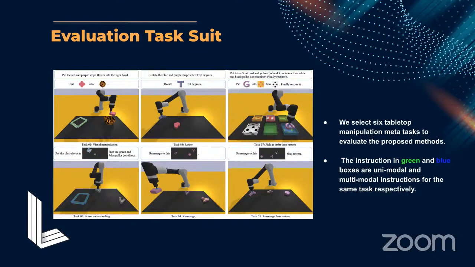For example, we can put an image into another image, and all of those images are retrieved from the cache, and the system understands what you are talking about. Or we can just use natural language and say, put the red and purple striped flower into the trigger ball, and it will also work. So we have flexible instruction modalities: pure language instruction, language-visual instruction, and pointing-language enhanced instruction. Next slide, please.